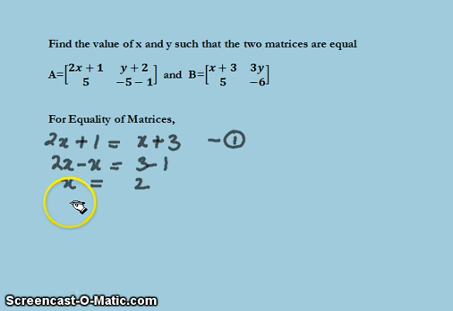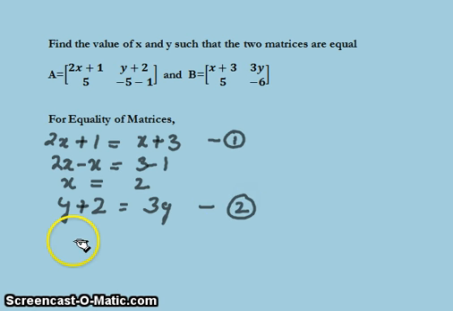Similarly, the second column first element, which is y plus 2, can be put equal to the corresponding element of B, which is equal to 3y. Now equating this equation number 2 by keeping the y terms onto one side, we can get the value of y as 1.